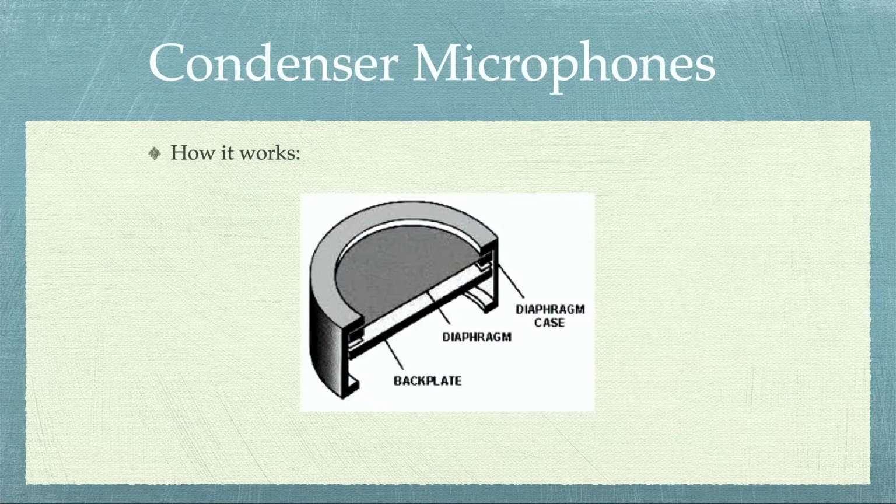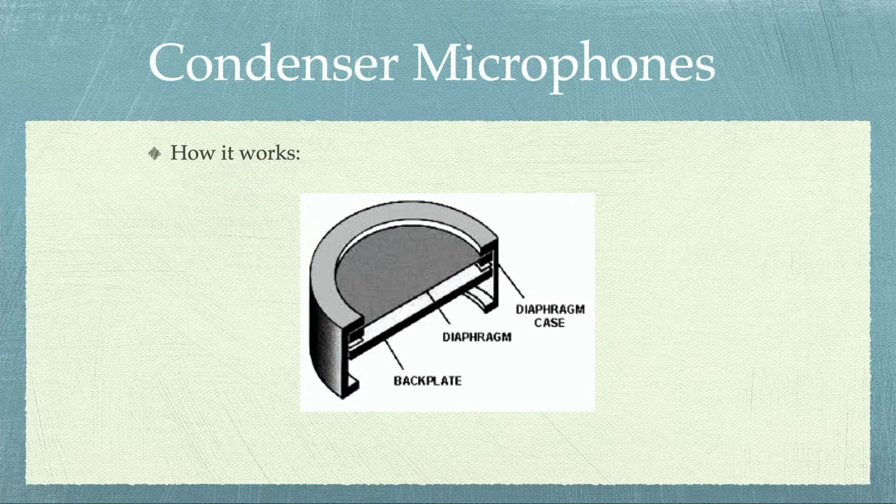So the back plate is electrically charged, so when the diaphragm moves, it disturbs that electromagnetic field again, and it turns it into a signal, and it goes down the wire, etc. So same thing happens, different way to get the process done, but it's still the same end result.